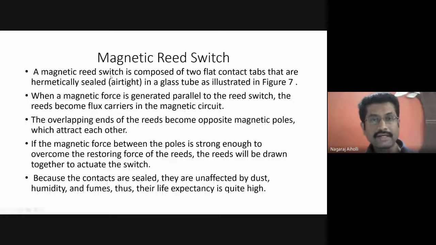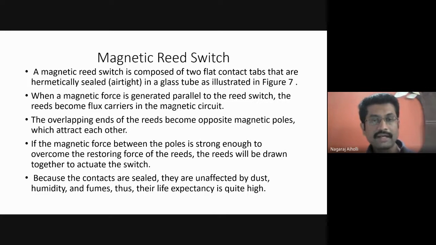A magnetic reed switch is composed of two flat contact tabs that are hermetically sealed in a glass tube, as illustrated in the next figure. Hermetically sealed means it is completely airtight, with no air present inside; it is a vacuum. When magnetic force is generated parallel to the reed switch, the reeds become flux carriers in the magnetic circuit. The flux lines pass through these two flat surfaces.